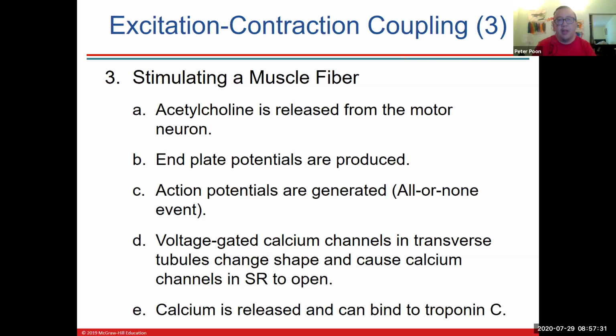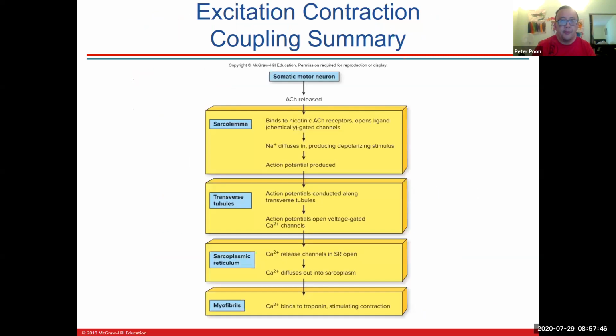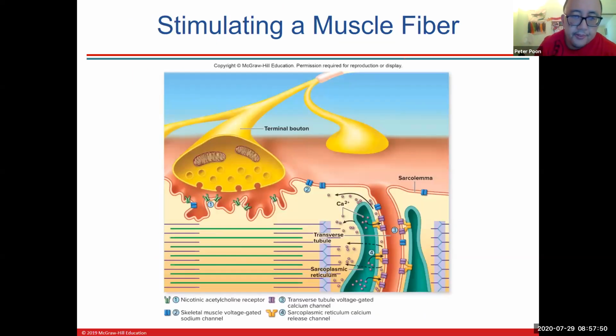Okay. So stimulating the muscle fiber: an action potential is generated as an all-or-none event. You stimulate, acetylcholine release causes a muscle contraction. So you can see it in more detail right here.